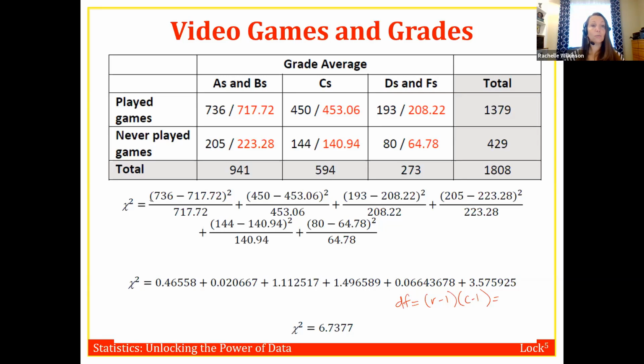So there's 2 rows. And then how many options were there for grade average? 3, right. So we're going to have 2 minus 1 times 3 minus 1. Okay, so remember when you're looking at the number of rows and the number of columns, any kind of summary rows and columns are not included, just the middle ones. Okay, so that ends up giving me a whole 2 degrees of freedom. So I have 2 degrees of freedom for this problem.